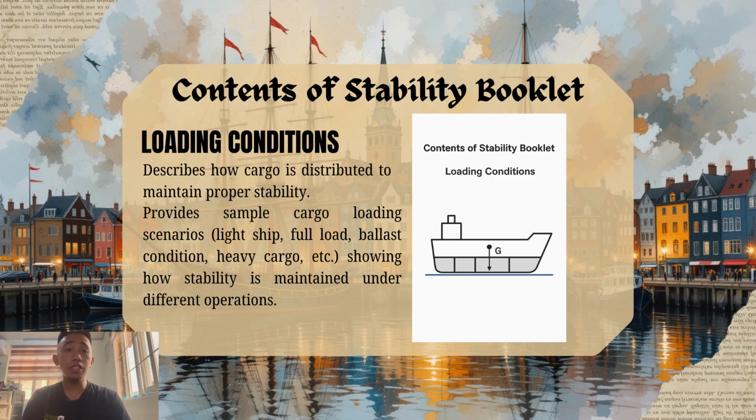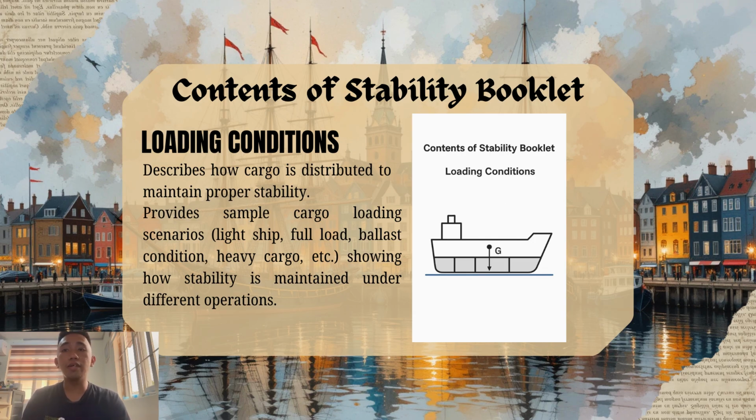Ship loading conditions describe how cargo, ballast, fuel, and stores are arranged and distributed on a vessel, impacting its stability, trim, and overall safety. Standard loading conditions like a fully loaded departure and ballast departure conditions are assessed to ensure the ship meets stability requirements for safe operation at sea.